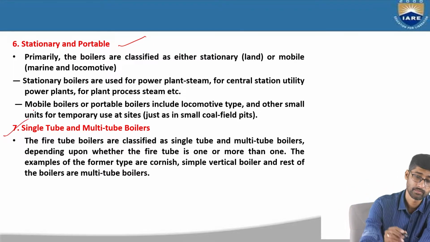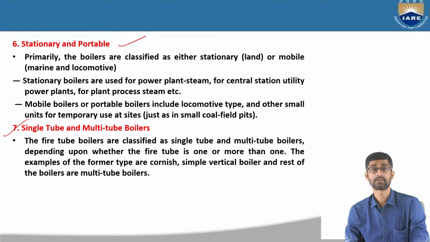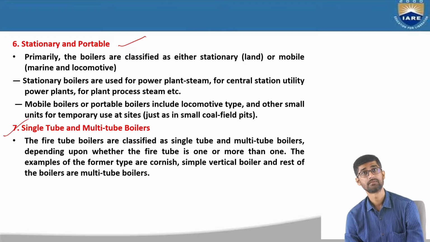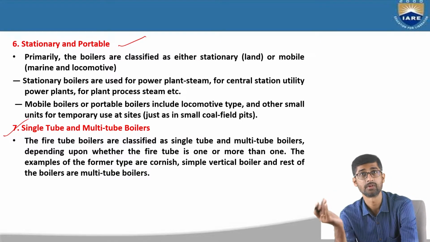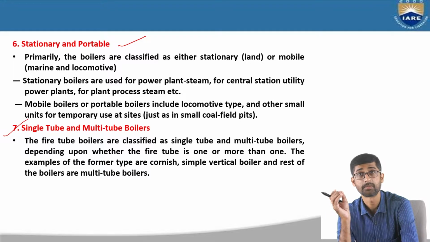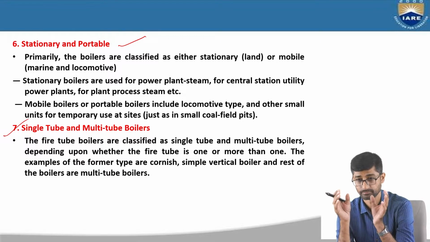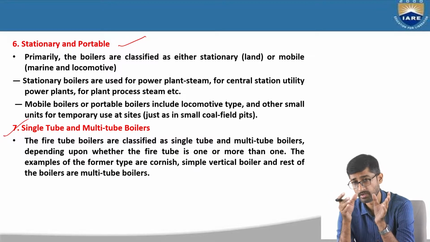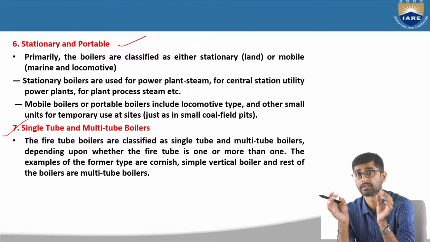Next, single tube boilers and multi tube boilers. The fire tube boilers are classified as single tube or multi tube boilers depending on whether the fire tube is one or more than one. If you see the Cochran boiler and simple vertical boiler, inside the boiler shell there is a fire tube, right?